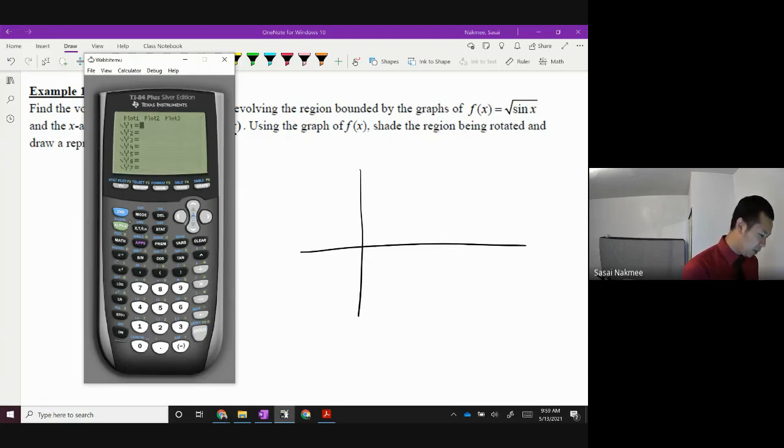So y is equal to the square root of sine of x. We'll go ahead and take a look at this graph. Man, that looks kind of weird. So let's zoom in a little bit and adjust this window.